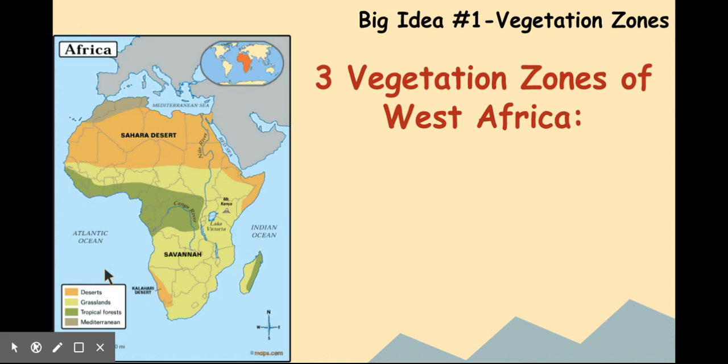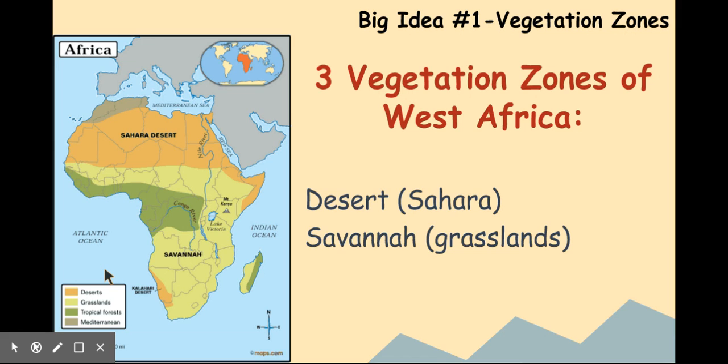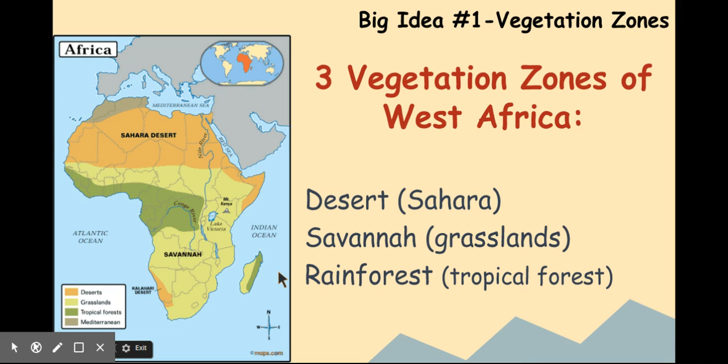So Africa has three major vegetation zones, and you can see them here on the map. We have the desert, specifically the Sahara Desert. We have the savanna, which is the light green section that you see here. And then finally we have the rainforest, or sometimes called tropical forests, and that's the dark green area.